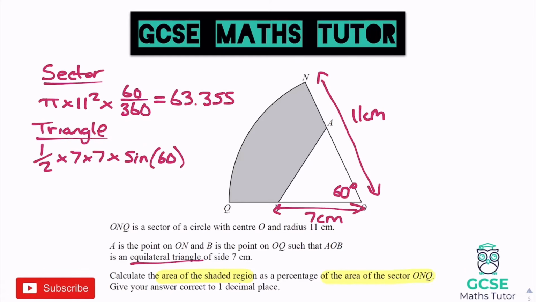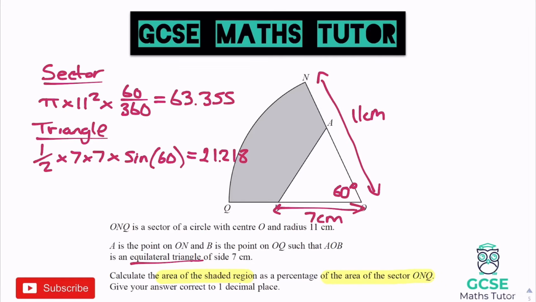Obviously it's not the same as the radius this time, but we're just following the same process here, so 0.5 times 7 times 7 times sine 60. That gives us an answer of 21.2176, so 21.218 if we keep it to 3 decimal places. There we go, that is the area of the triangle.